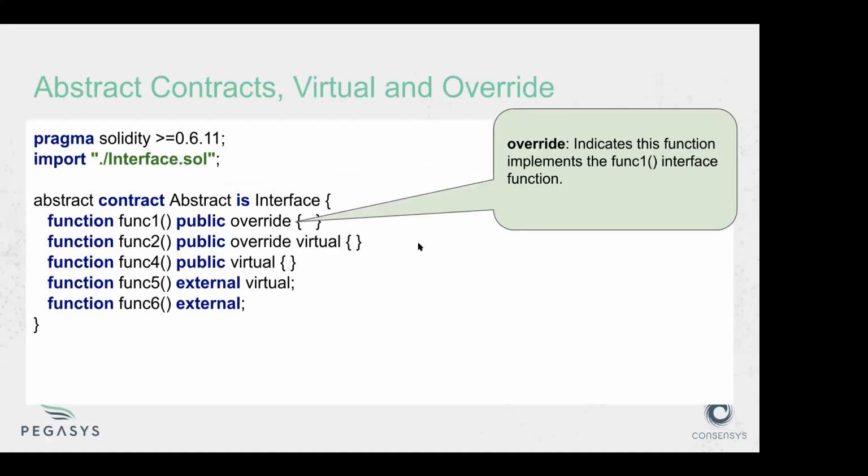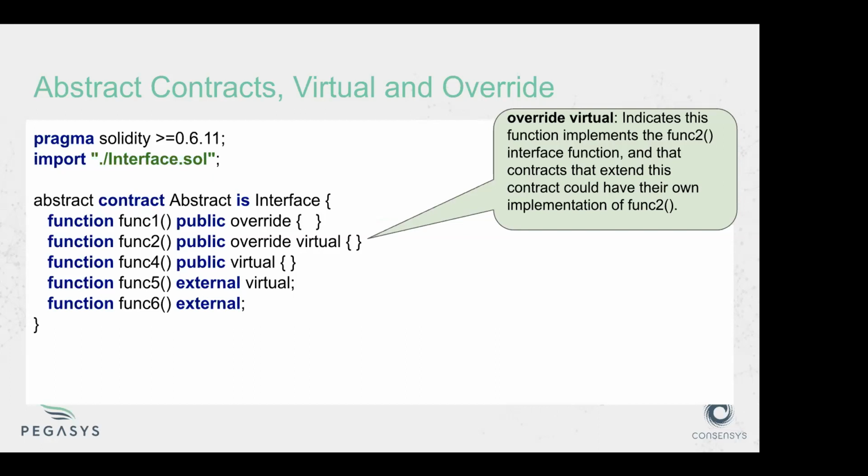And then as well, you've got override, which is another keyword. And so override indicates that a function implements a virtual function. So for instance, the interface.